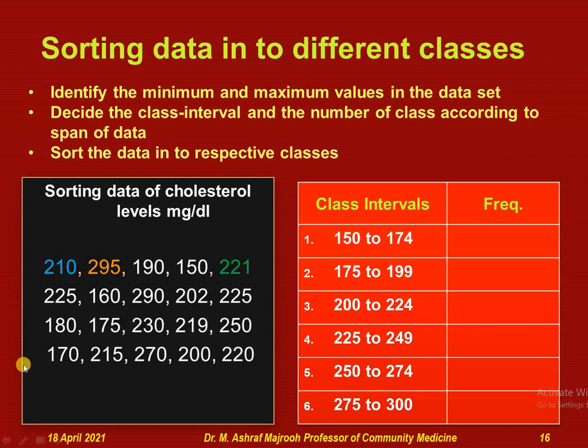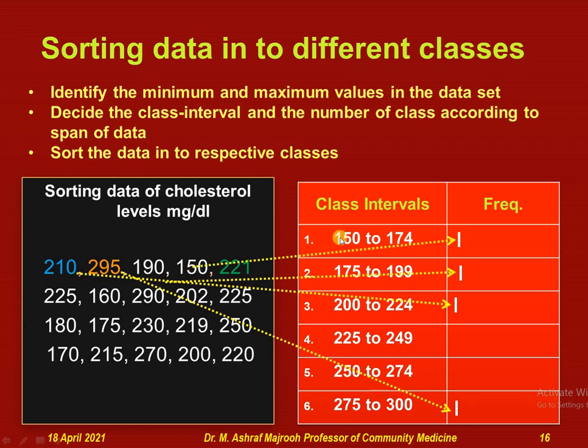If we sort the data in these classes, then 210 will go into class number 3, and 295 falls in the last class, and 190 falls in the second class. Similarly, 150 falls in the first class, and again 221 falls in the third class, and so on. So this is how the data is sorted into different classes.